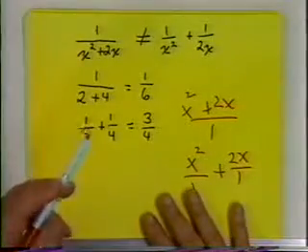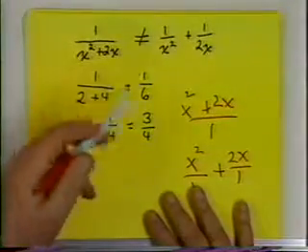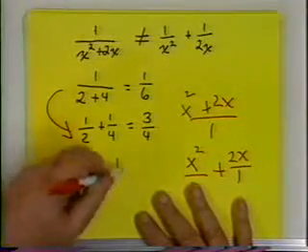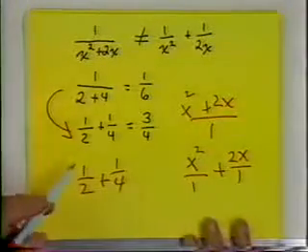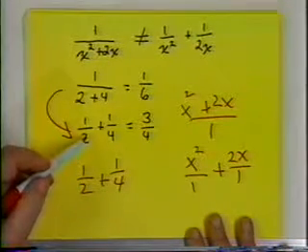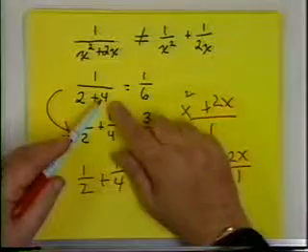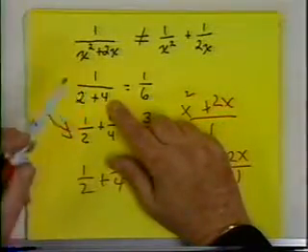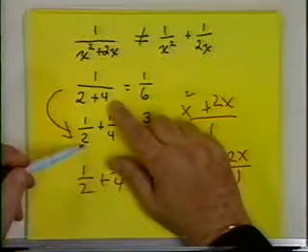Why should it be obvious to me, aside from the fact that the answers are different, that this is not the same as 1/2 plus 1/4? Let me see if you can see why. As you make a denominator bigger, doesn't the fraction get smaller? So by adding 4 to the denominator here, this fraction, 1 over 2 plus 4, is already less than 1/2.